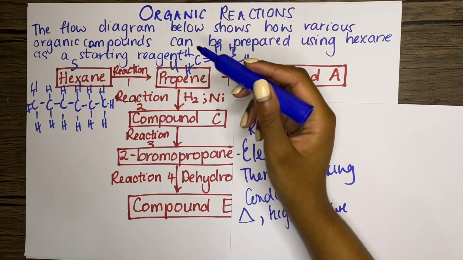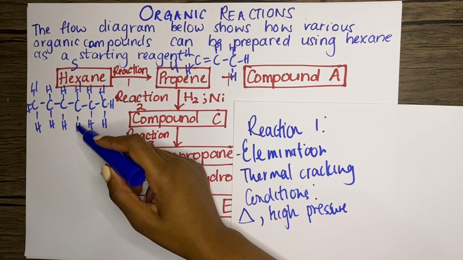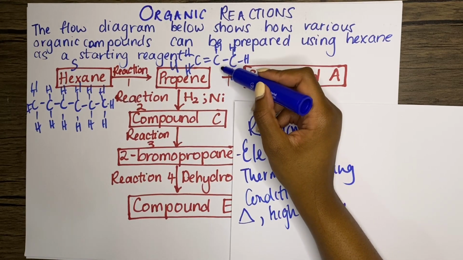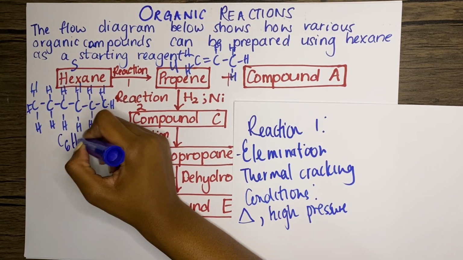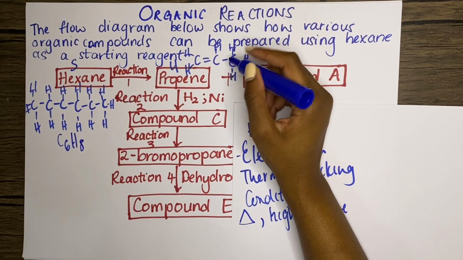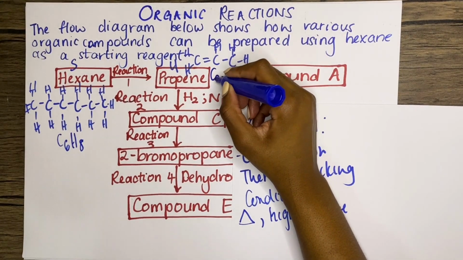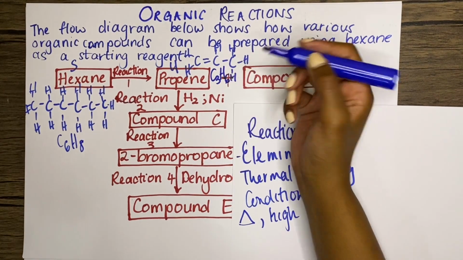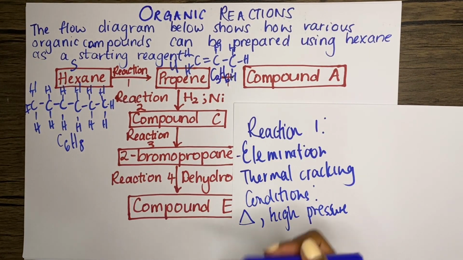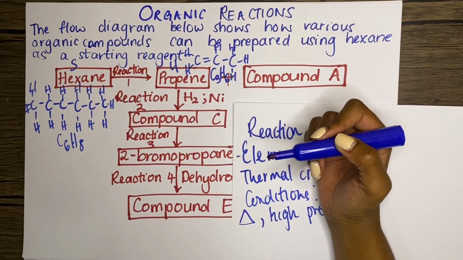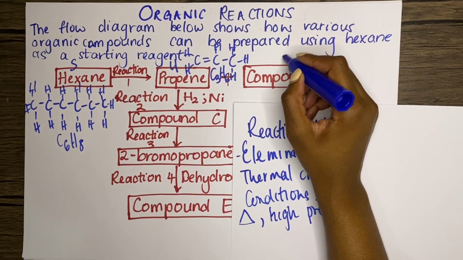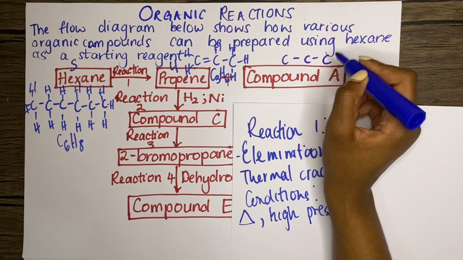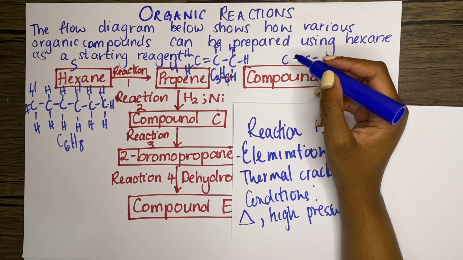So we had, of the 6 carbons, 3 have formed the propene, which means from the C6H14 to the C3H6, 3 of the carbons have been used to form propene, which means for compound A, I must be having 3 more carbons that are left from what I had initially.